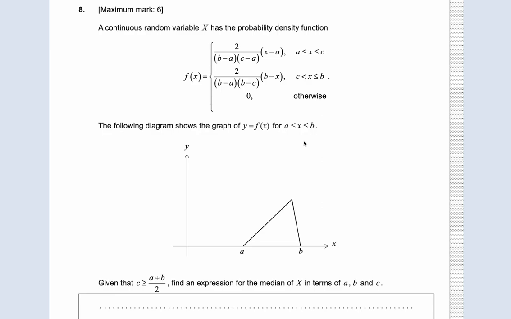So when one sees continuous random variables, your first thought is integration. This is a calculus integration question, but it's less than integration. It's more about area.